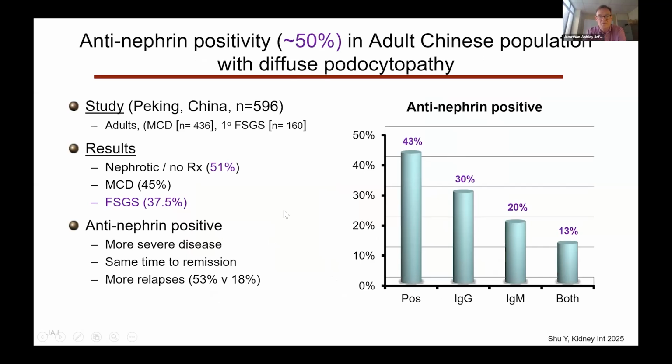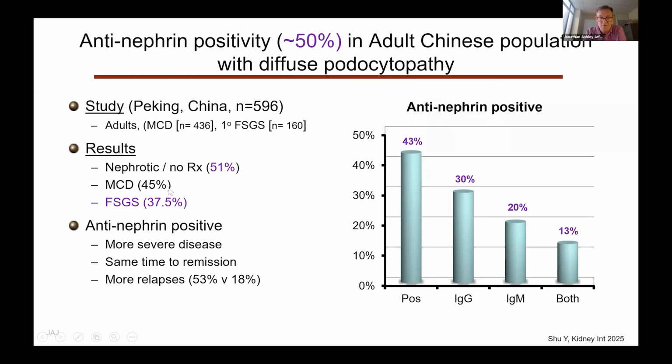And then just one other example of frequency. This is a Chinese population with diffuse podocytopathy. Again, large numbers, 596 adults. Overall, they found about 50% of patients with diffuse podocytopathy had anti-nephrin antibodies.